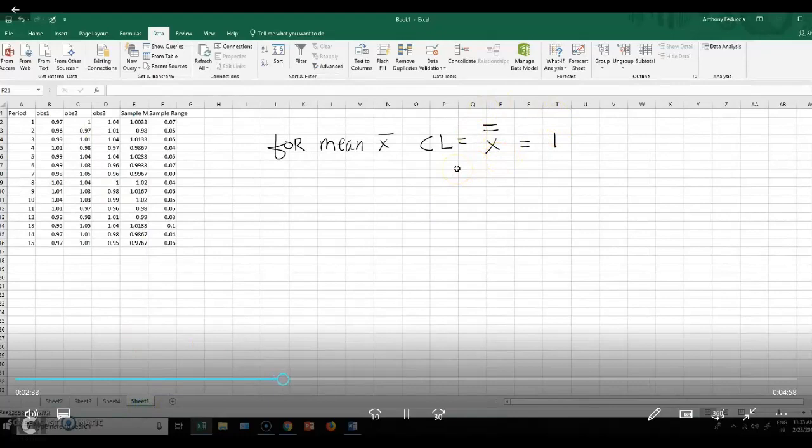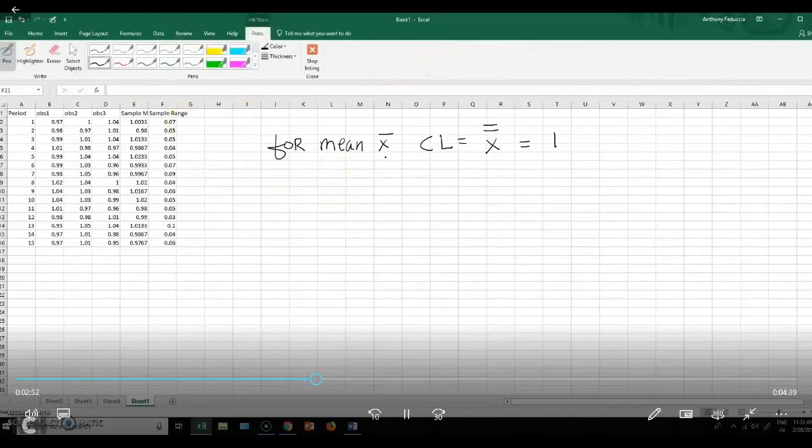Now, to find for the mean the upper and lower confidence limits, what we need to do is to take x double bar plus or minus A2 R bar.